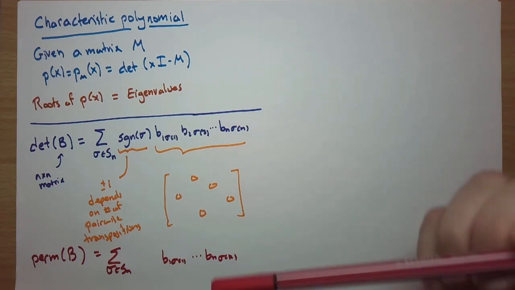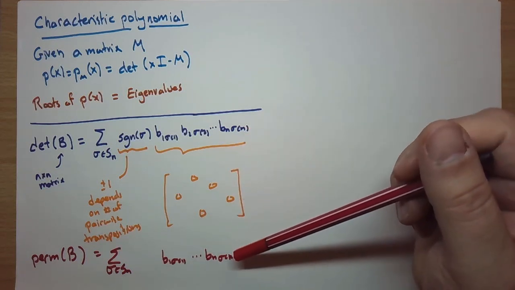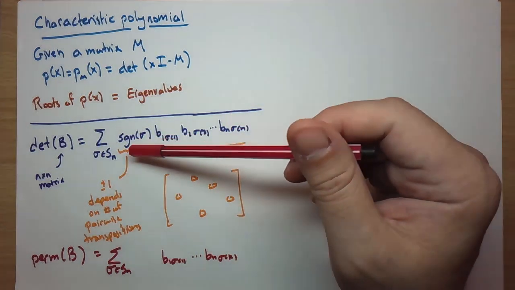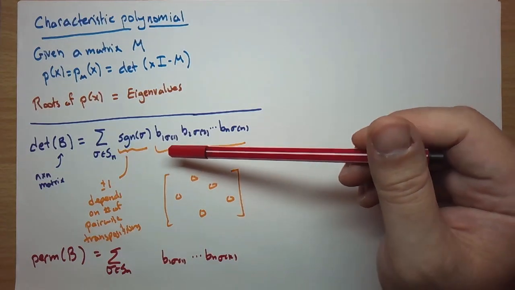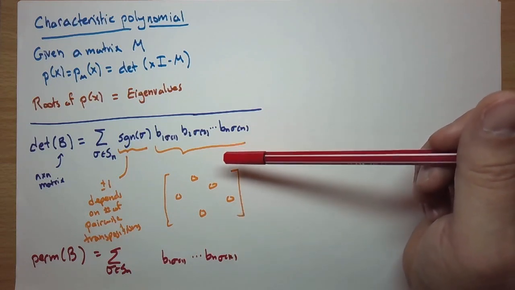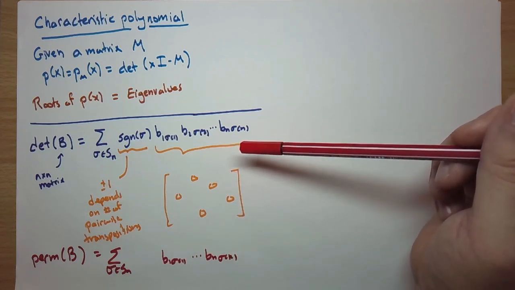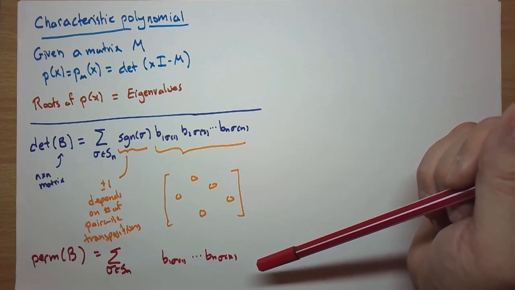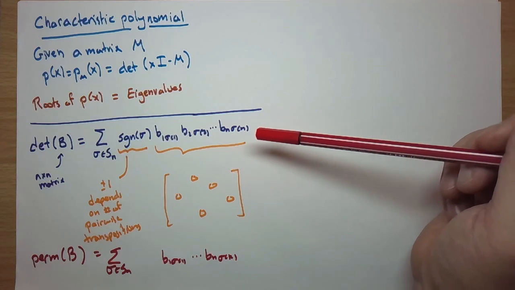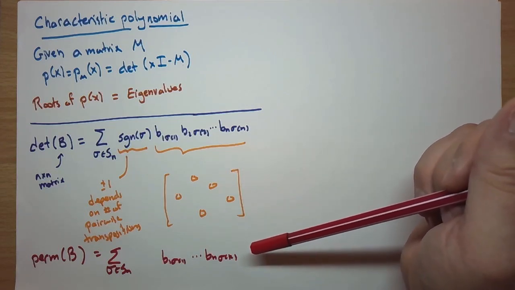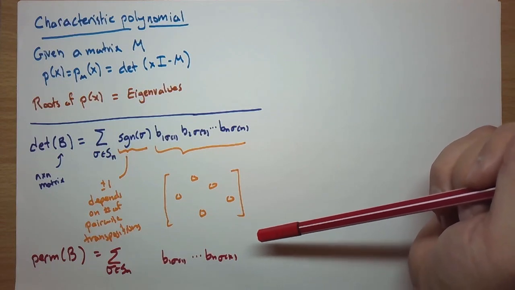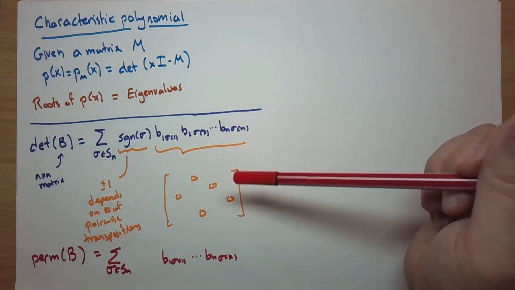Now, when you're first starting off in the subject, you say, this seems easier, the permanent. You don't have this pesky sign to keep track of. But once you get a little bit further, which one is actually easier to work with? The determinant is a lot easier to work with, in that the determinant can be computed quickly, and the permanent is kind of hopeless. Now, you can do things like cofactor expansion for the permanent, but why does this sign help?